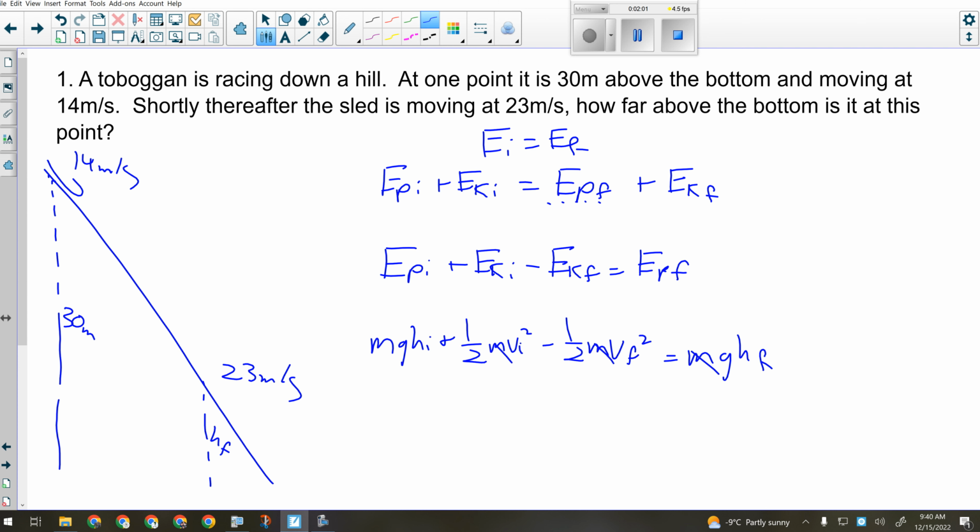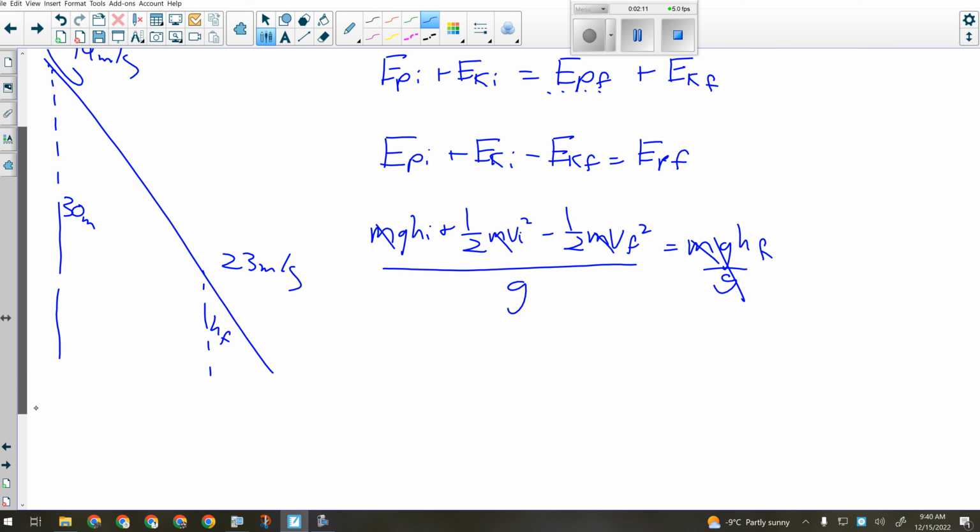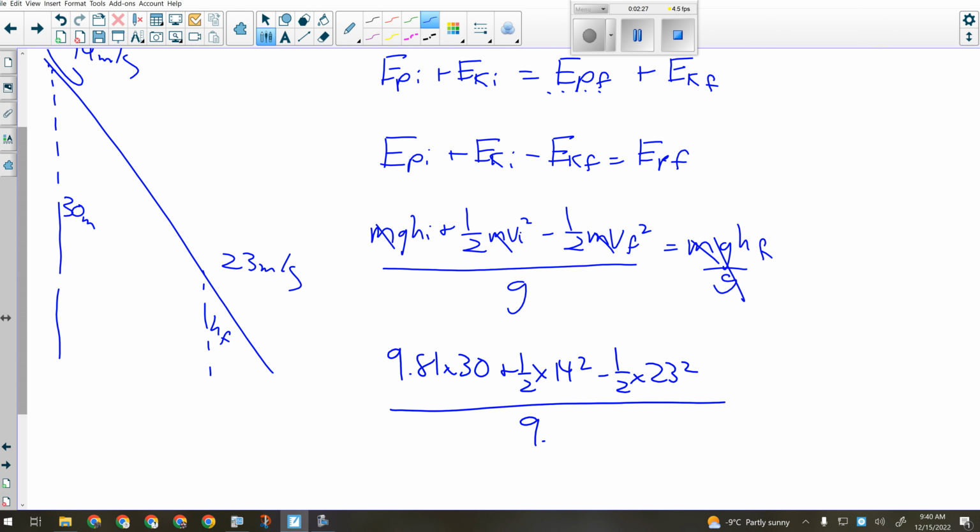M is in every term, so I'm going to cancel it, and I'm going to divide by G to get HF by itself, and then I'm simply going to plug in my numbers. So 9.81 times 30 plus 1/2 times 14 squared minus 1/2 times 23 squared, divided by 9.81.